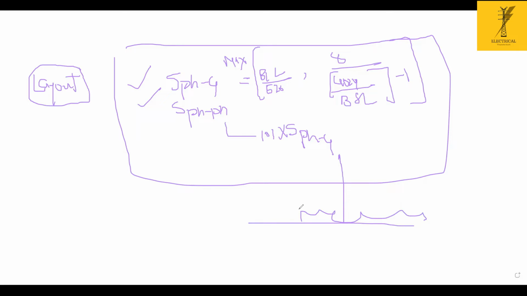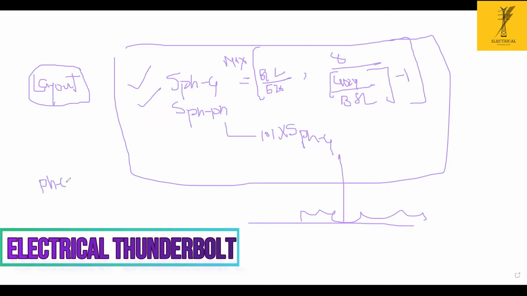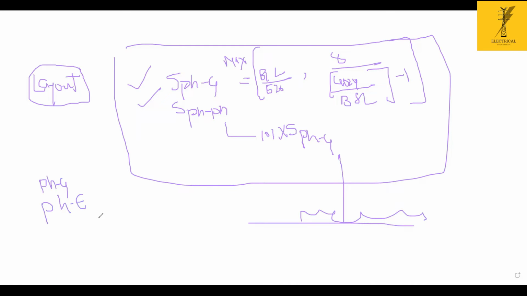To do all these things, the two main important ones are the phase to ground and phase to phase clearances. Apart from these two, we have two more clearances: one is the sectional clearance, and the other is the ground clearance.